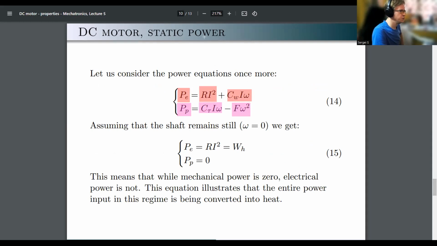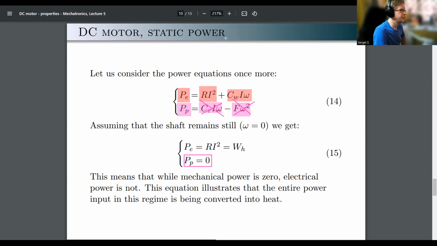So omega equals 0. Well, this goes to 0 clearly, and this goes to 0, right? So the second equation will be just the power of payload is equal to 0. And of course, if the payload doesn't move, the power is 0.